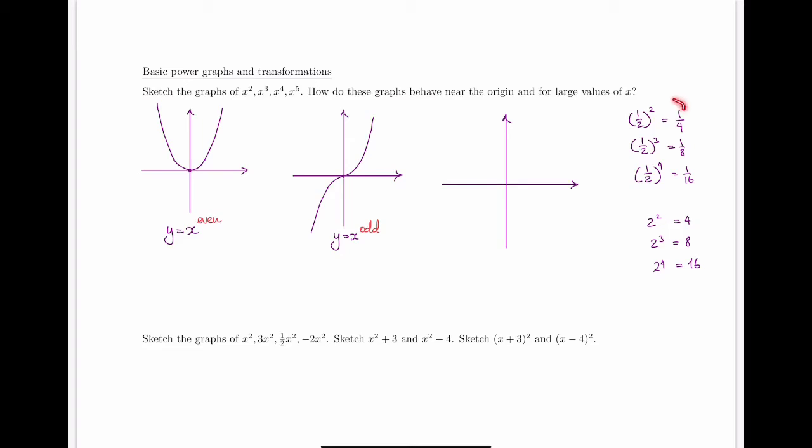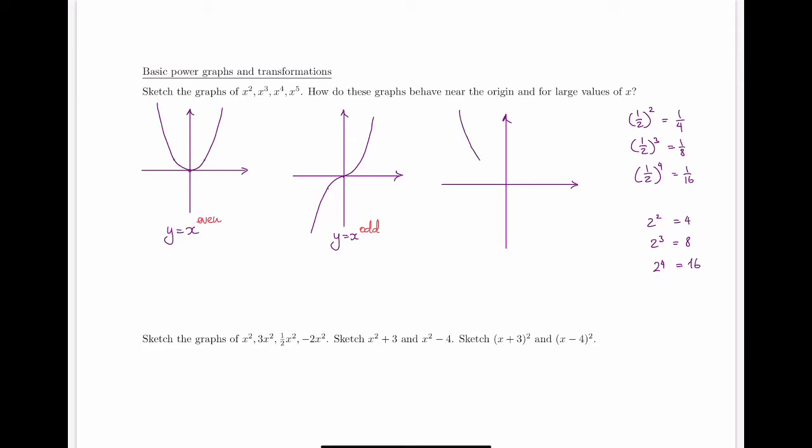So what we notice here is that the higher the power of a fraction, the smaller the fraction. Raising a fraction to a higher power makes it smaller, whereas raising a number greater than 1 to a higher power makes the number bigger.